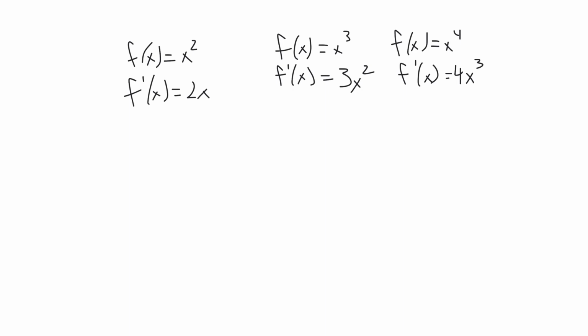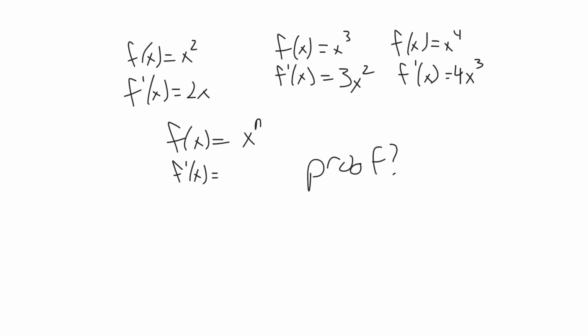And so the question is, if you had a function of just x to the power of n, what would the derivative be? And if you can come up with that formula, can you prove it? Can you find a proof, using the 3 steps, step 1, step 2, step 3, with f(x+h) and f(x+h) minus f(x) and so on?